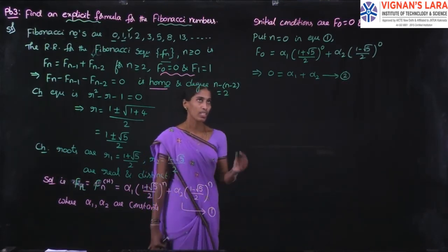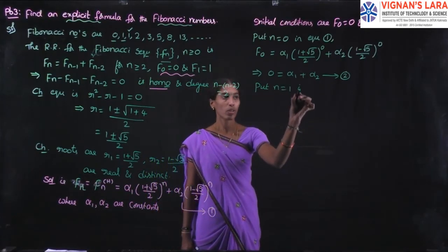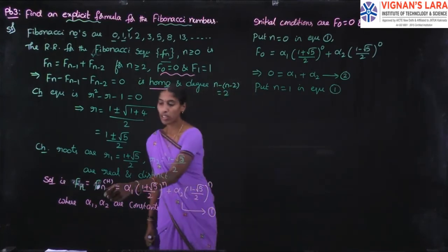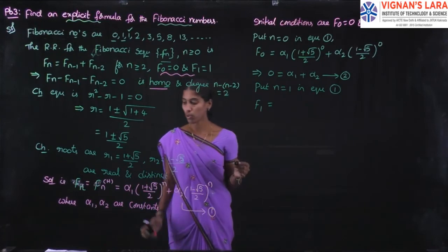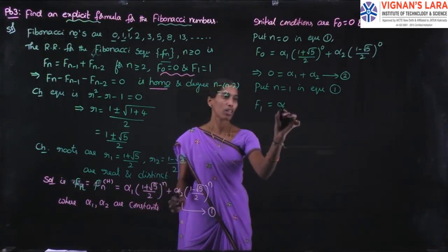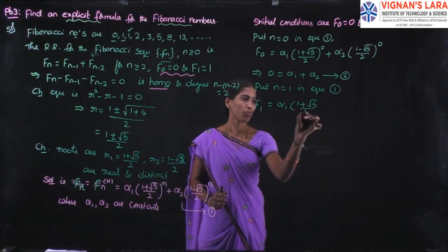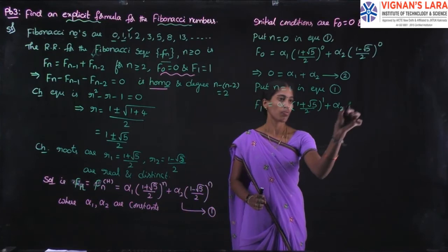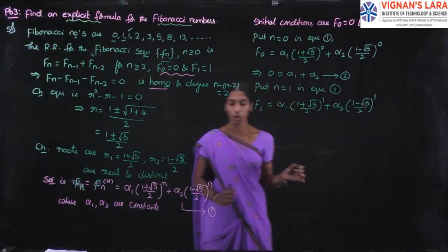In the next step, put n is equal to 1 in equation 1. So F1 is equal to alpha 1 into 1 plus root 5 by 2 whole to the power 1 plus alpha 2 into 1 minus root 5 by 2 whole to the power 1.